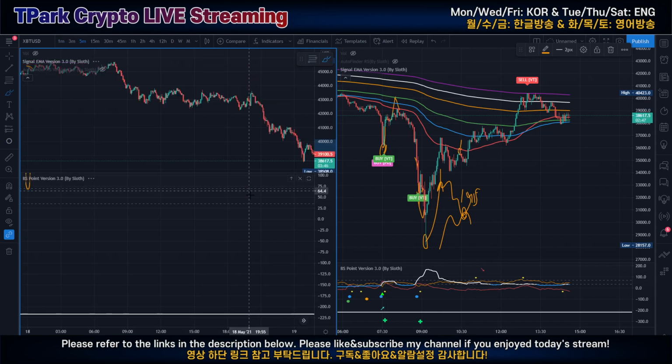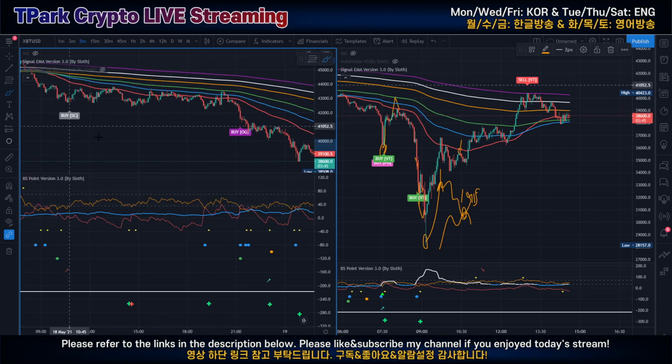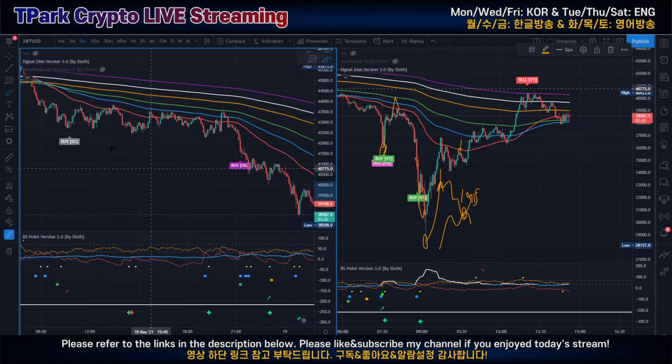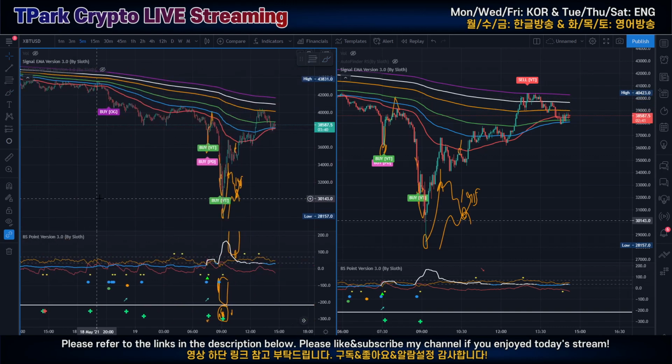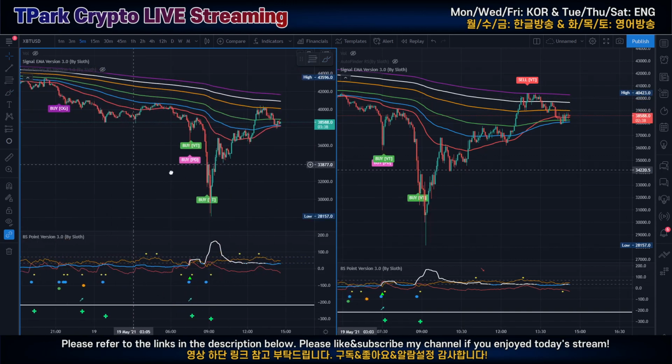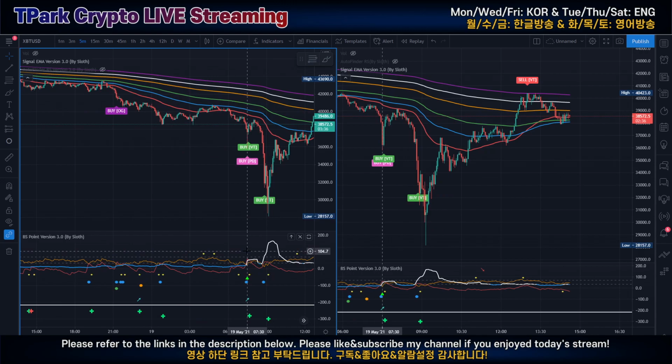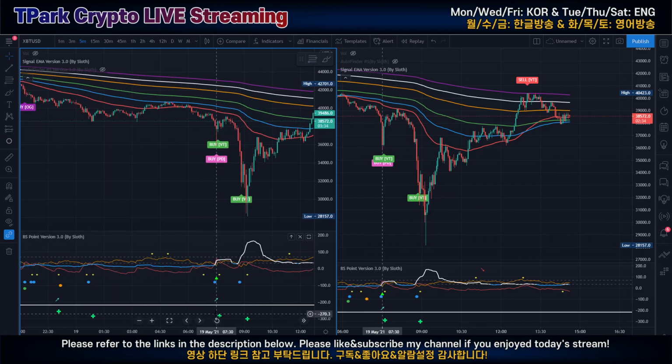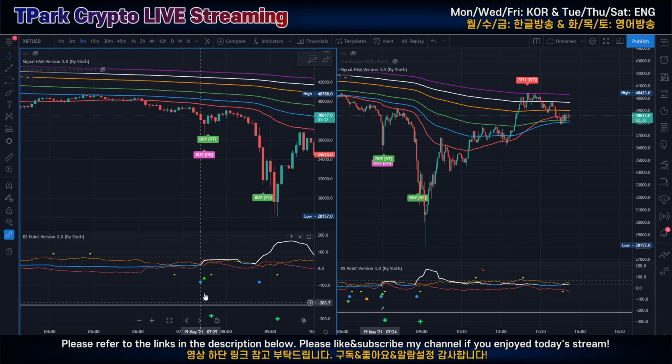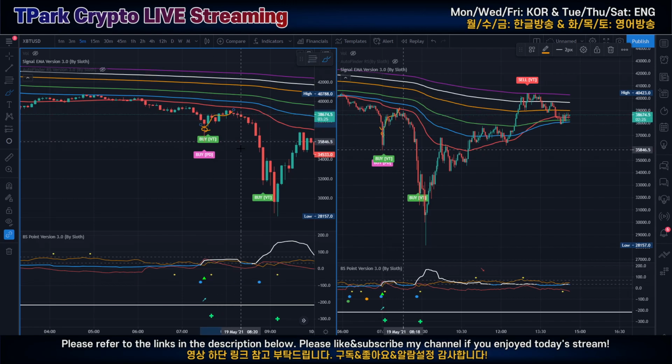So let's go to 5 minutes. If I were trading using 5 minutes, I would have gone into a long position right here. This is 4 signals, almost 5 signals right here. So I would have gone long around here, and then I would have made profit here.